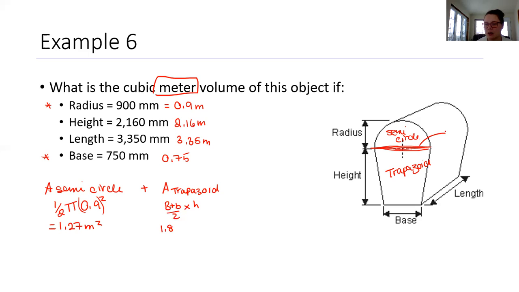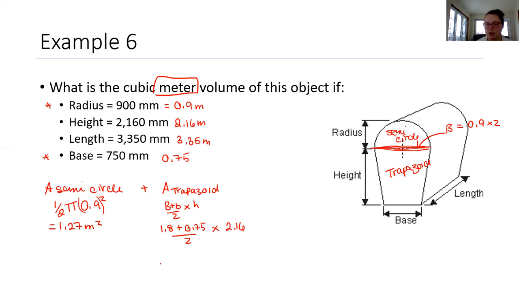Okay, so this base, I'll call this big B, equals 0.9 times 2. Throw an arrow in there in case you're looking for it later. So 1.8 plus the little base is the bottom, 0.75 divided by 2 times a height of 2.16.